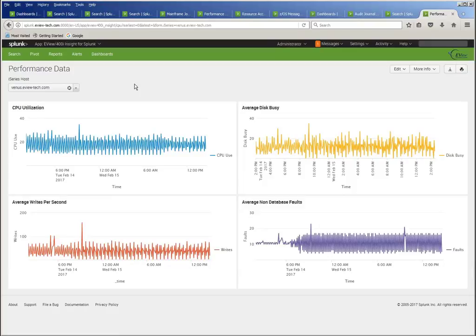For CPU utilization, here we're looking at disk busy as well, writes per second, and then one of the memory indicators, which would be database or non-database faults in this case, giving us an indication of how memory is performing. This is just created from the individual data.